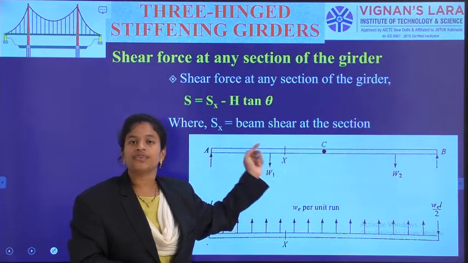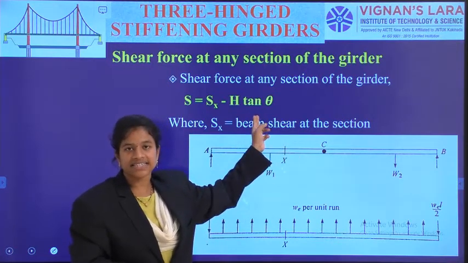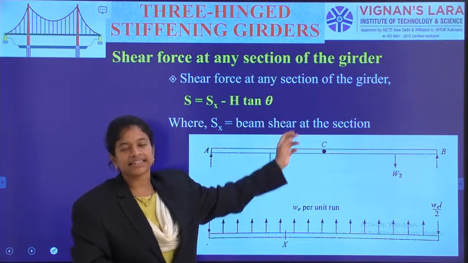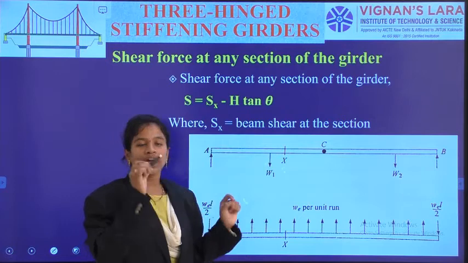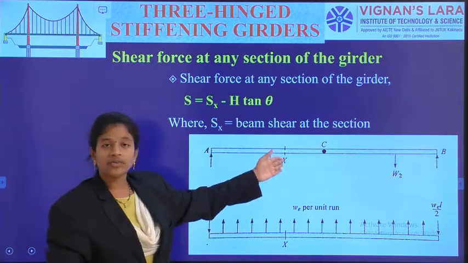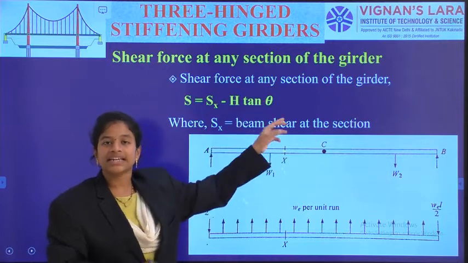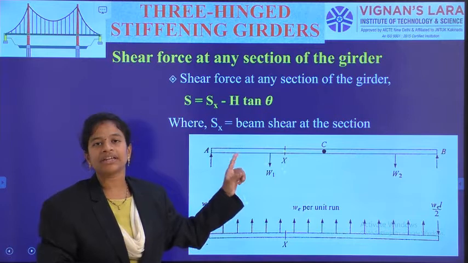H is the horizontal component, and at the point where we are calculating the shear, there will be a slope in the cable. That slope in the cable will be tan theta.